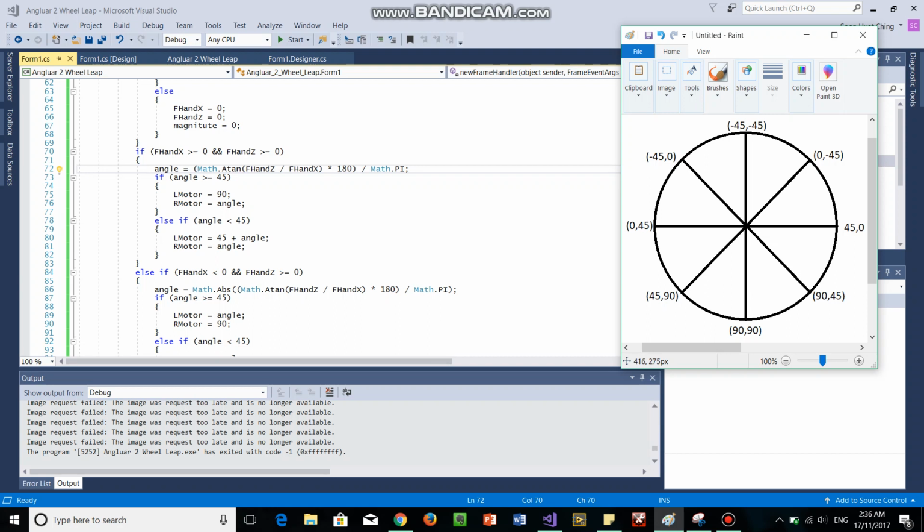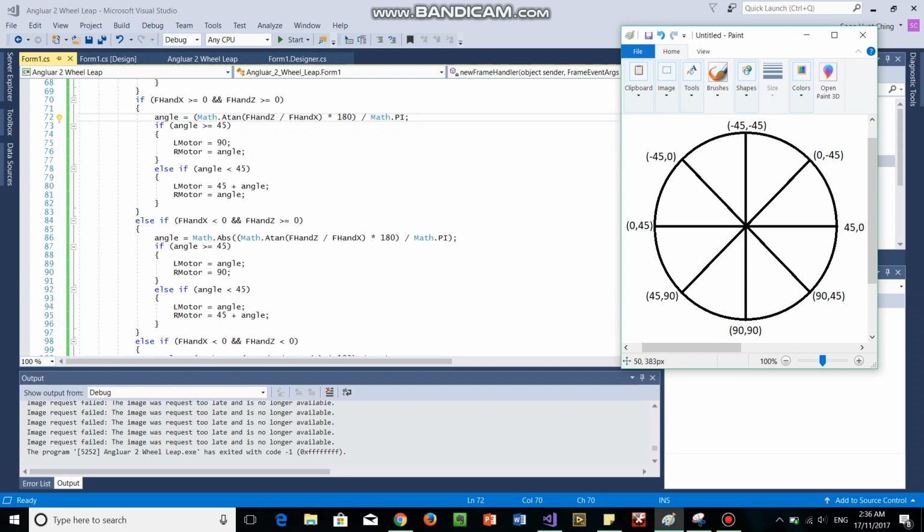So if the angle is more than 45, the left motor will be 90 and the right motor will remain at its own angle. It can change from 90 to 45. And as you continue to see, if the angle is less than 45, which is this segment, the left motor will be 45 plus angle, and the right motor equals the angle itself.